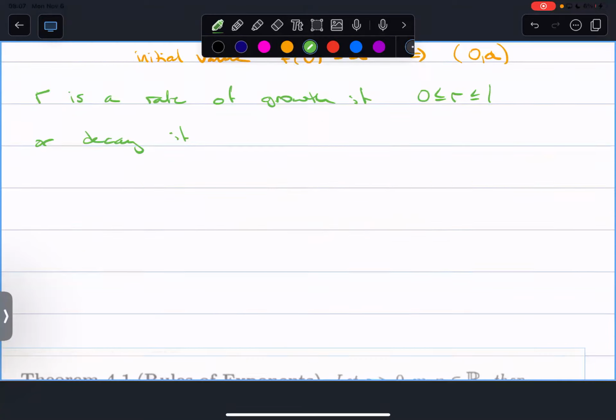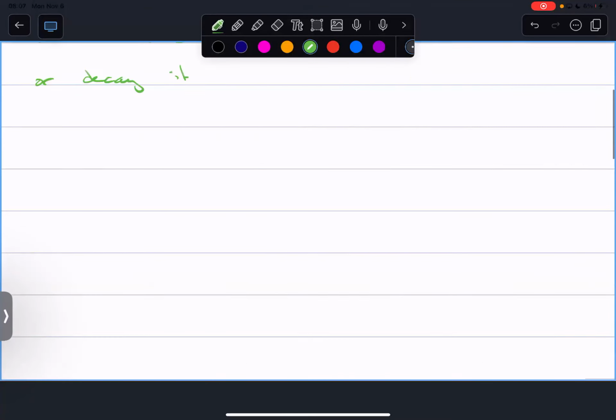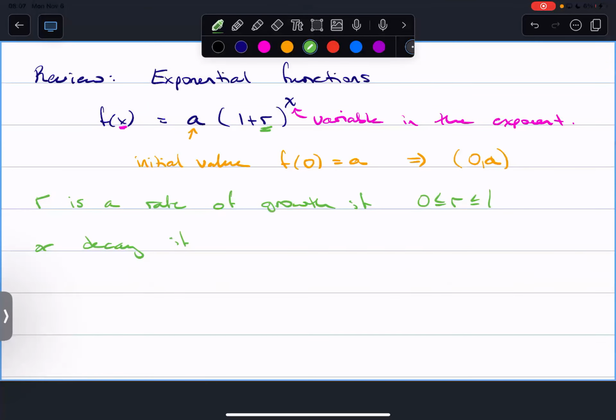If R is between -1 and 0, so if you have a negative growth rate, then that's going to be decay.